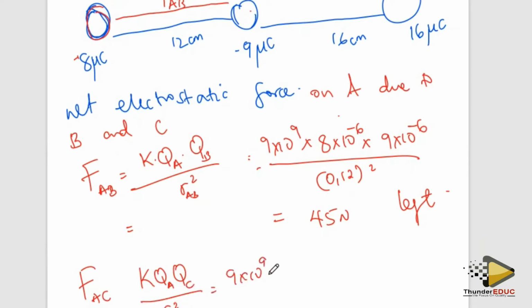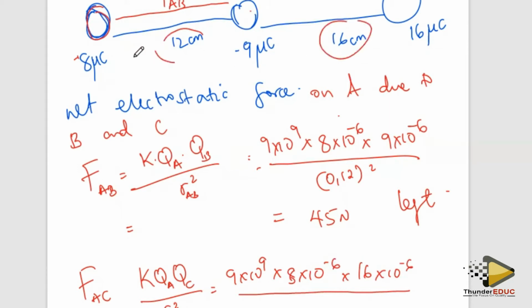So 9 times 10 to the 9, that is 10 to the negative 6. Then 10 times 10 to the negative 6. Now the distance we have is 12 and then 16.